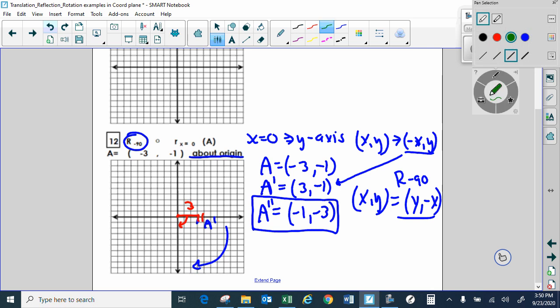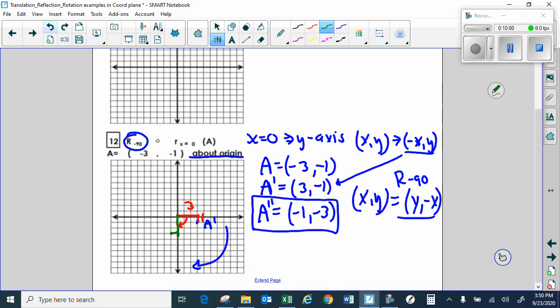So this 3, 1, 2, 3, and then the 1 was in front of it. It's rotated, that 1 stays in front, and so there's my answer right there. -3, and then forward 1. Okay, so there's that answer. A double prime. And what's that point? -1, -3, just like we see it right there.